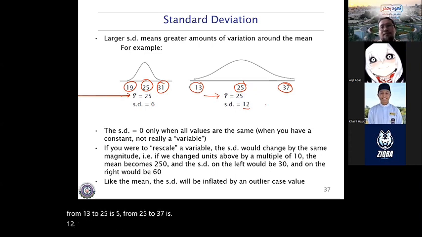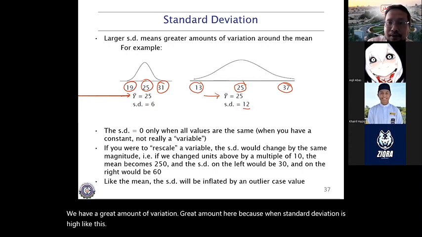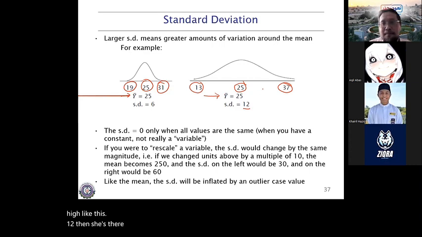So that's why when we get a large standard deviation, it means that we have a great amount of variation. When the standard deviation is high like this, at 12, the variation will be great.